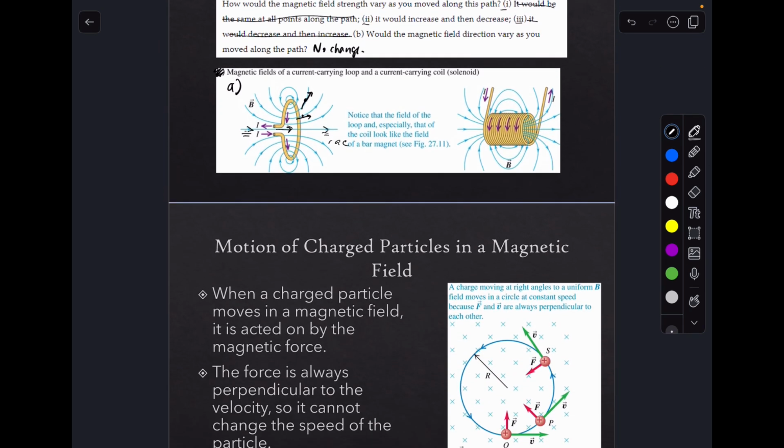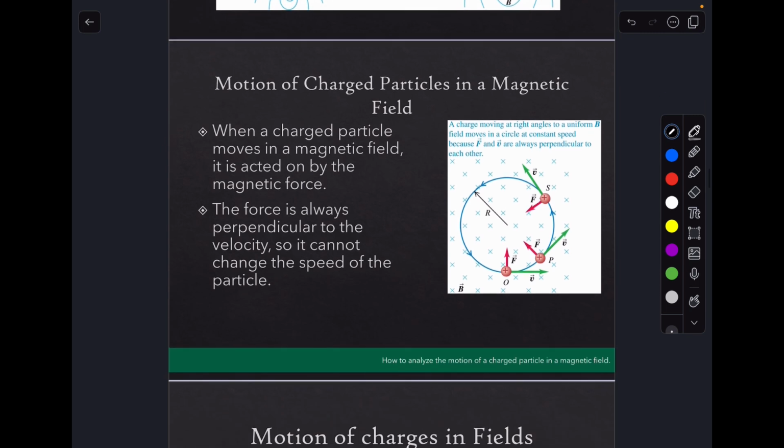So, again, kind of reviewing what we talked about earlier. When a moving charged particle is in a magnetic field, okay? And it's always remaining in the field. It's not falling out of the field.